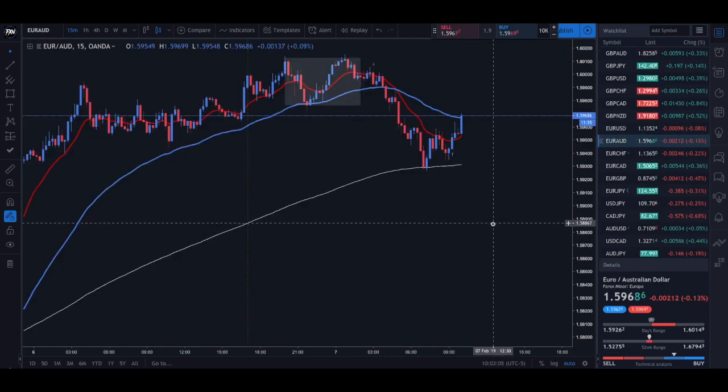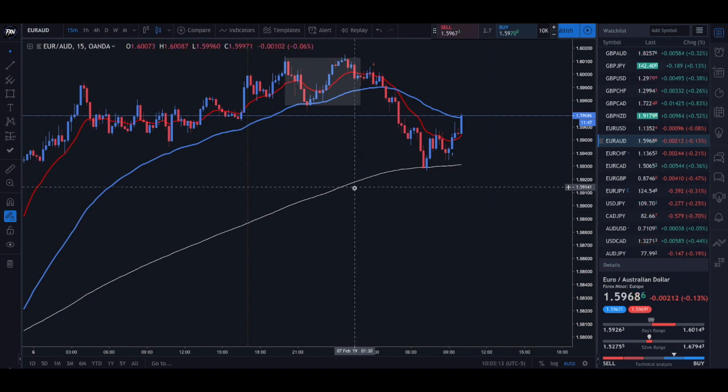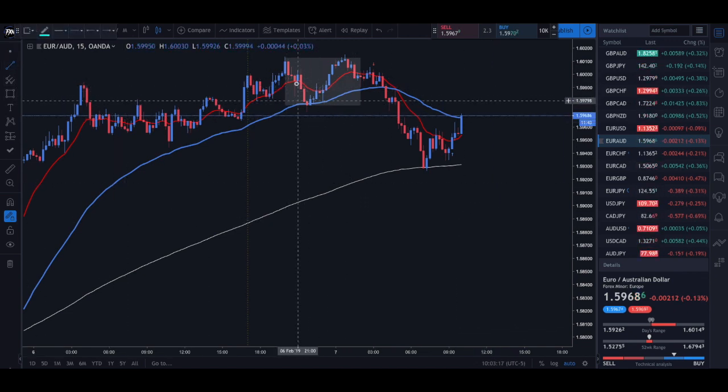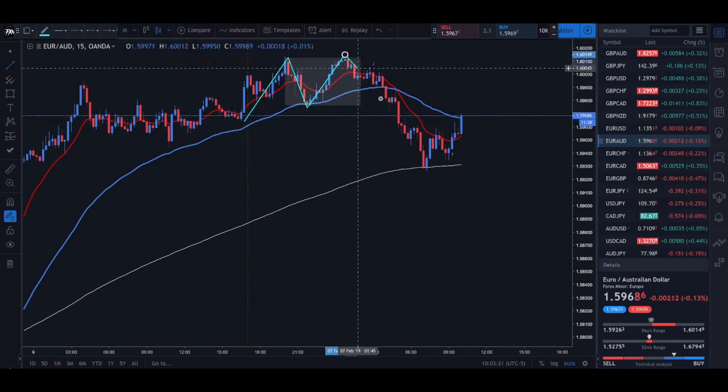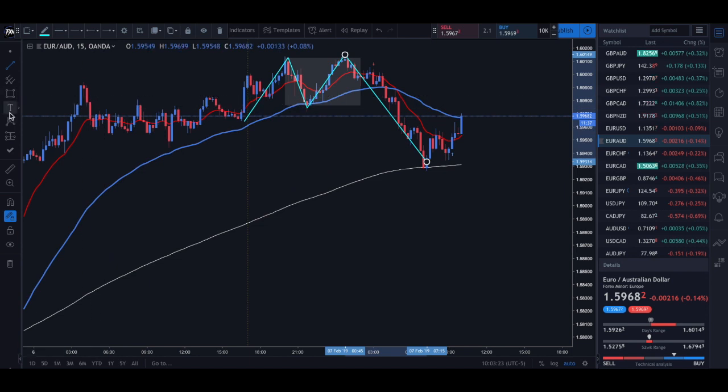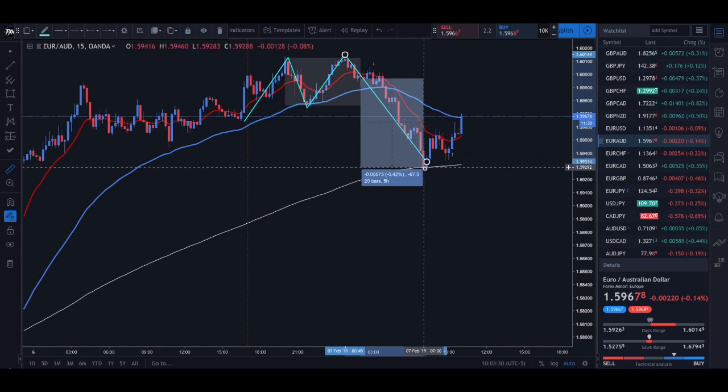All right, let's take a look at Euro AUD. Euro AUD had the same thing, two nice setups. One of them was straight out of the gate, where we see that form. That one here produced a nice 67 pips, 68 pips, depending again on your entry.